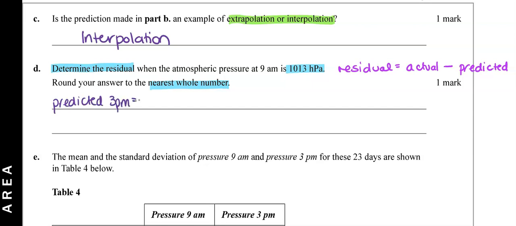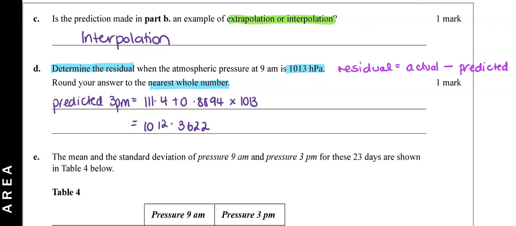And we're just going to use, again, the regression equation that we were given on the previous page. So popping that in and substituting in 1013, that allows us to get a predicted value of 1012.3622. And we'll leave that as the answer at the moment.